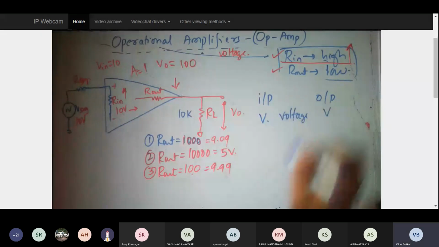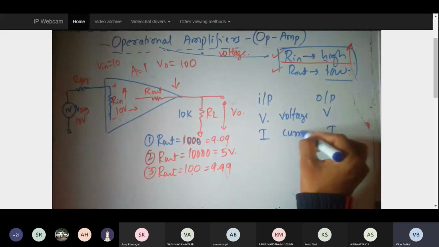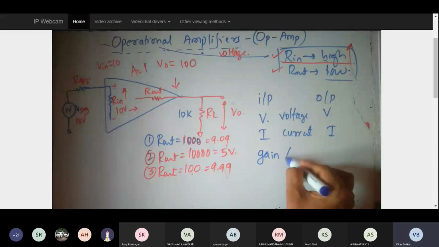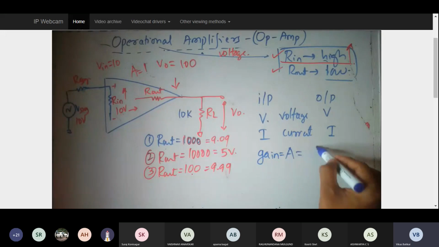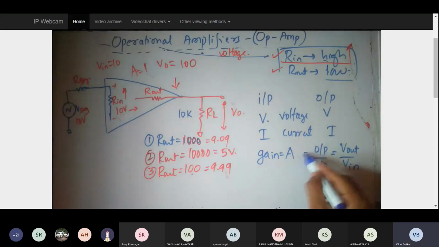If input is current and output is current, it is a current amplifier. And how do I calculate the gain? Gain is represented by the term A, output by input, that is V out by V in, if I am calculating with respect to the voltage amplifier, and I'll be representing it by the subscript AV.